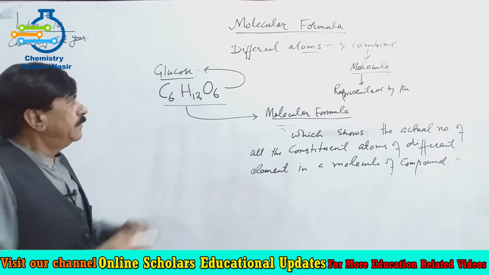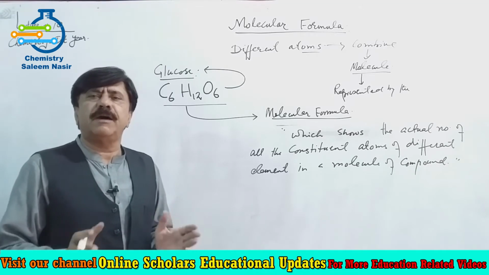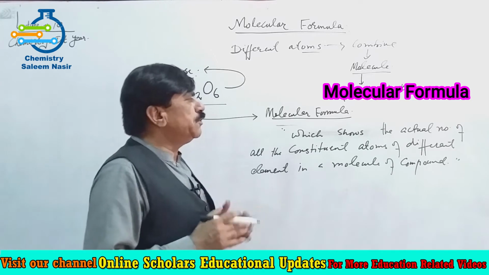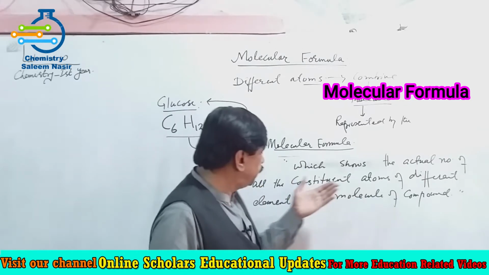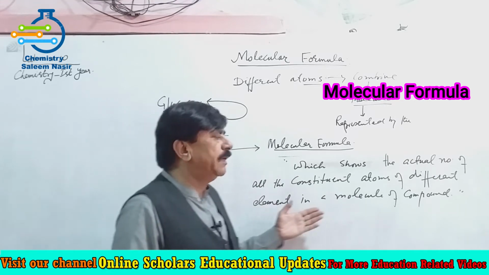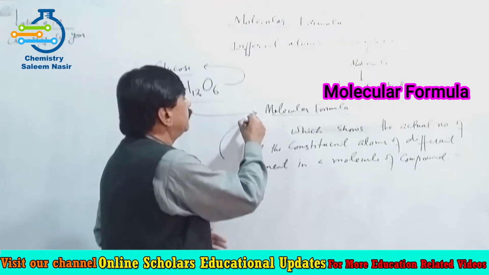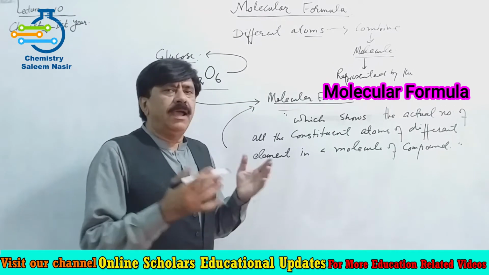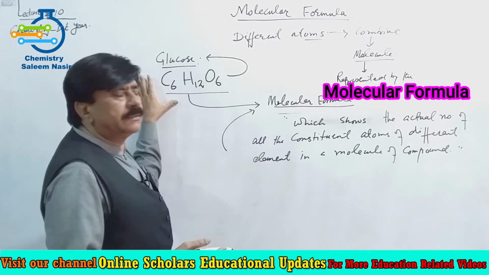So by that discussion we can now define the molecular formula as the formula which shows the actual number of all the constituent atoms of the different elements in a molecule of a compound. For example, glucose.